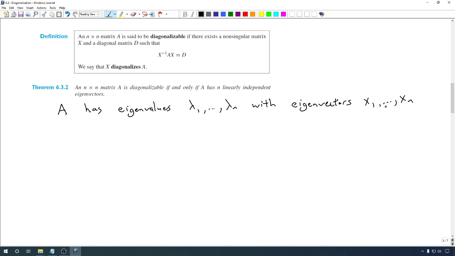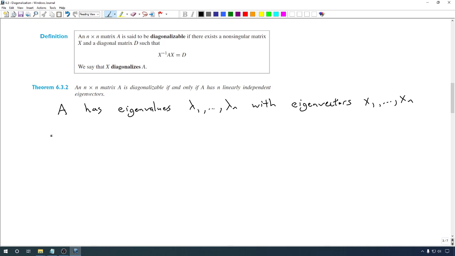We're going to assume that these are all independent, and each of these corresponds to the same-numbered eigenvalue. So maybe lambda 1, lambda 2 are both 1, and so x1 and x2 are both eigenvectors corresponding to 1, but we're assuming here that they are still independent from each other. We can't guarantee that just from knowing that 1 is, say, a multiplicity 2 eigenvalue, that we can get x1 and x2 independent. But here we are going to assume that we already know that to be true.